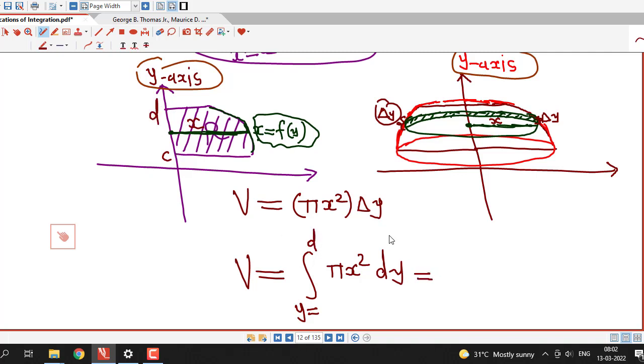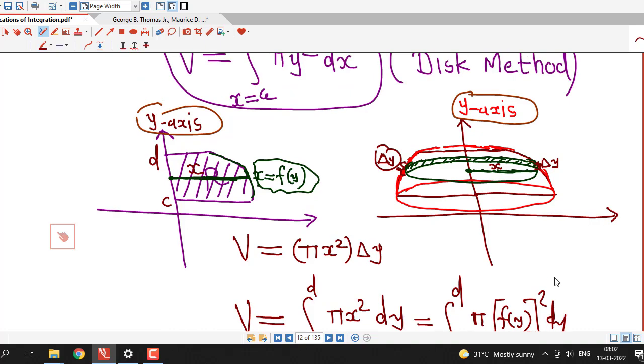Here x is a function of y, so we will substitute x equal to f of y, and we will have a function of y which we can easily integrate with respect to y.